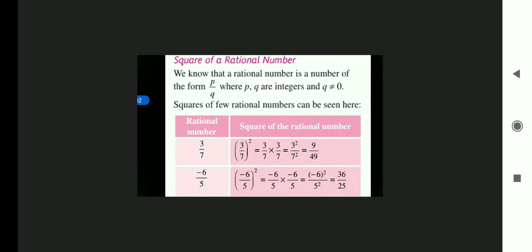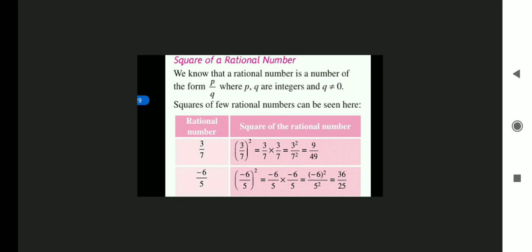Let us see the square of a rational number. We know that a rational number is a number of the form p upon q, where p and q are integers and q is not equal to 0. P is the numerator and q is the denominator. The squares of a few rational numbers can be seen below. For example, 3 upon 7.